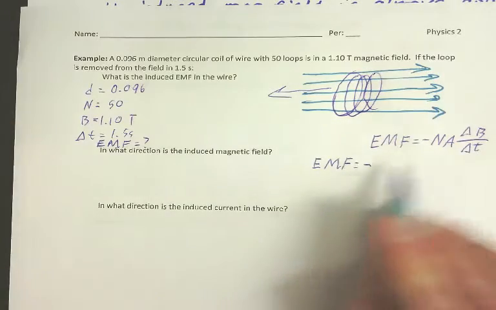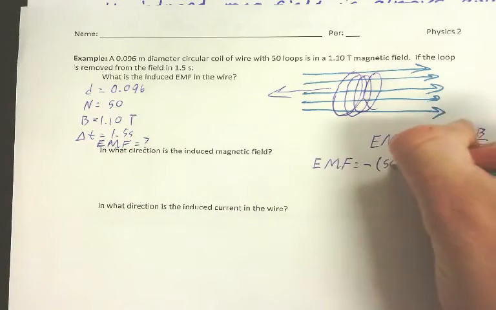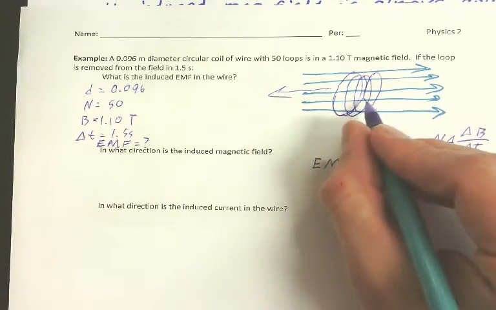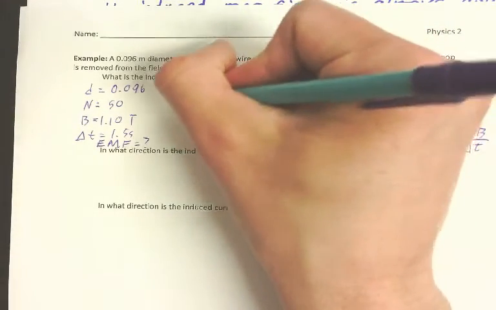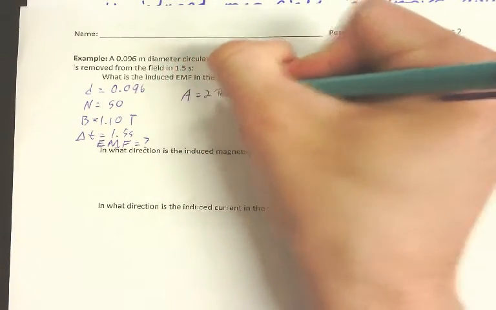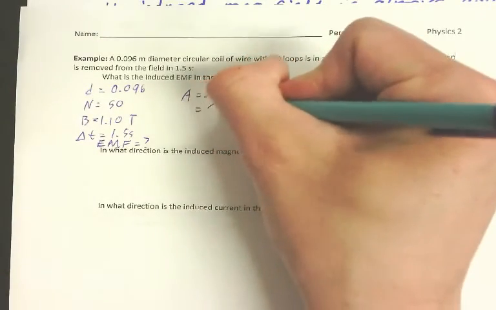Negative N. N is the number of loops, so that's 50. All right, now we get to A. So area is the area of the loop. This is a circular loop. So the area of a wire is normally 2 pi r. Since we're given the diameter instead, it's just pi d.